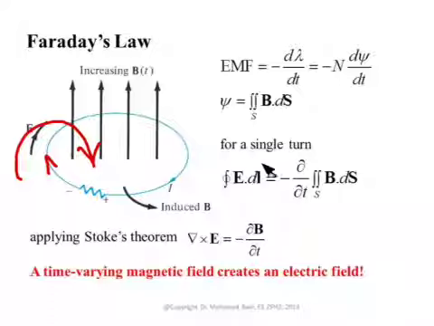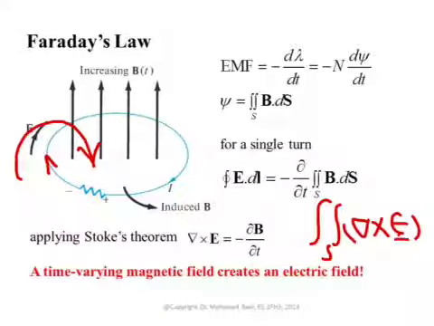Of course, I can convert this closed line integral into a surface integral. So we can convert this one to an integral over the surface of curl E dot dS. And when you equate this side with this side, you see that at every point in space, curl E must be equal to minus partial B partial t.